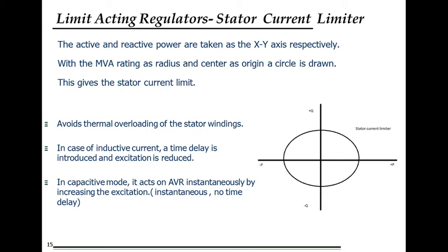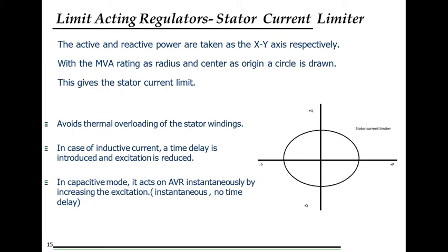Now, if we draw a line from the origin to the stator current limiter, this line will be called the power factor line. Means it gives us, at that instant, the operation point of the generator, at what power factor the generator is. Why?